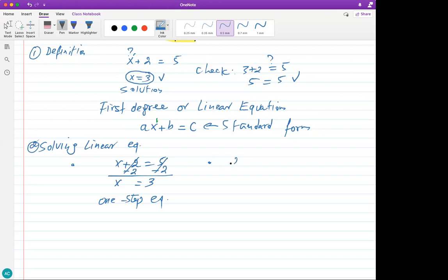So let's make things a little longer here. So this one here, again, the purpose of solving is to get the x by itself. So we want to get that x by itself, equals some solution. So what numbers need to be eliminated from this side in order to get the x by itself? What numbers?